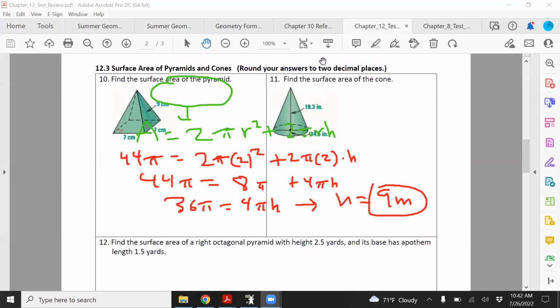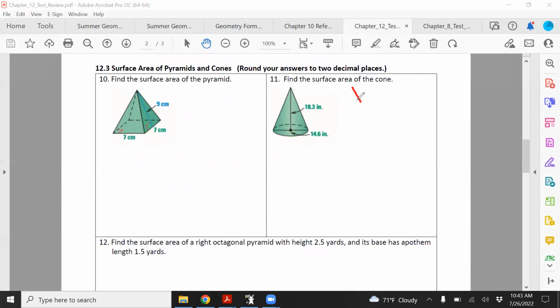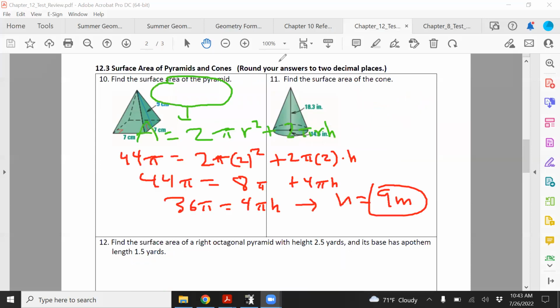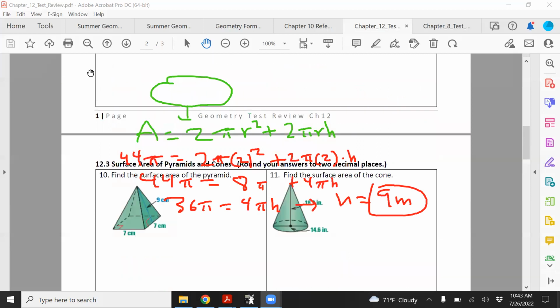Surface area of a cone. So the diameter is 14.6. So radius is 7.3. Hey, Vivian, good. Sure. I'll just undo my work, no problem. Let me scroll back up.